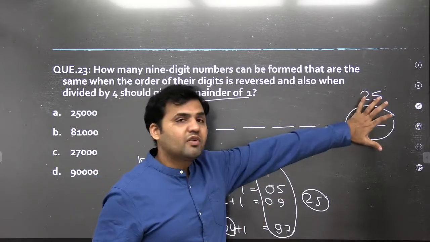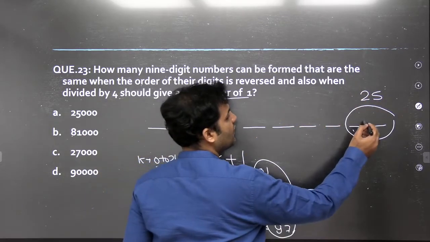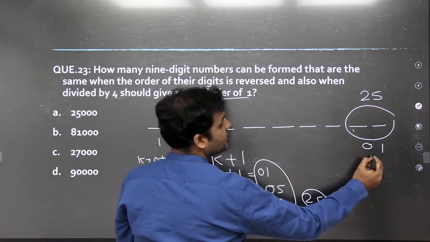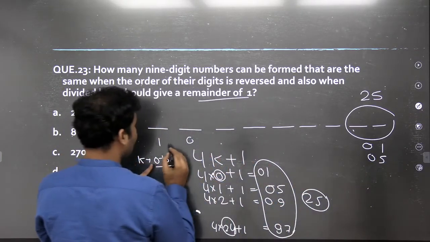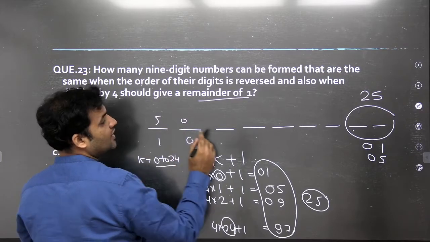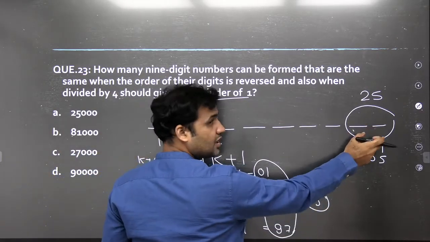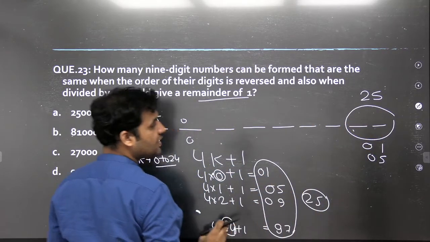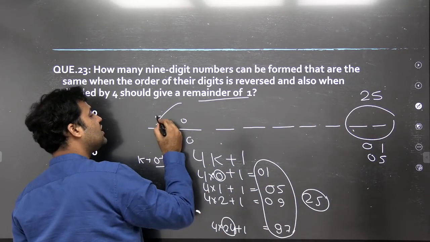Now whatever number comes over here, if I'm placing 0, 1 over here, I'll have to place 1 and 0 over here. If I'm placing 0, 5 over here, I'll have to place 5 here and 0 here. So the position of the digits which I'm placing at the last two digits will decide which digit will come over here.